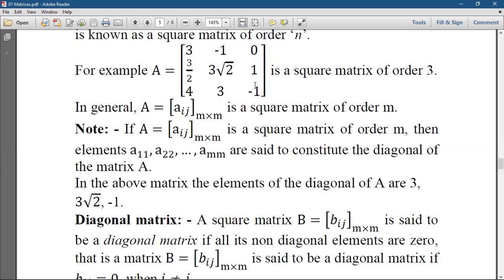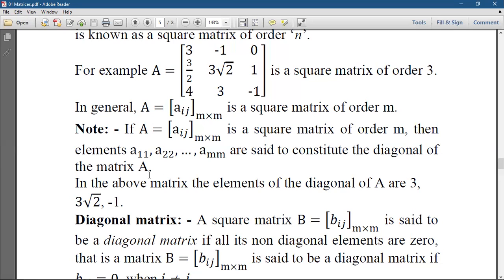Then we can say that A is a square matrix of order 3. In general, A equals Aij, m by m, or you can also write n by n, it hardly matters, is a square matrix of order m. When we write n by n, it will become a square matrix of order n.